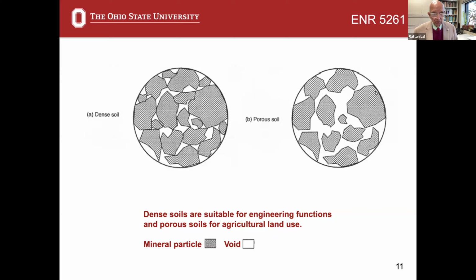So we have a dense soil on the left and we have a porous soil on the right. Ideally, as we saw in the previous slide, there should be 50% solid and 50% voids. And of the 50% voids, 25% should be water and 25% air. That's the ideal situation.